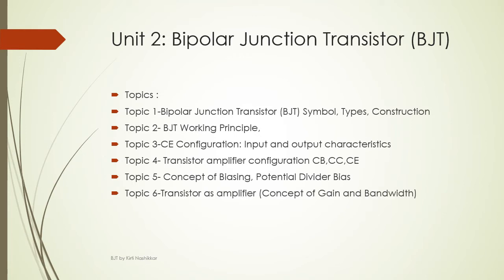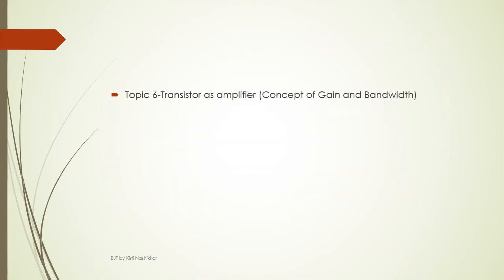Today we are going to discuss transistor as an amplifier, how it works as an amplifier, and transistor as a switch is the last topic. So let us start with transistor as an amplifier.